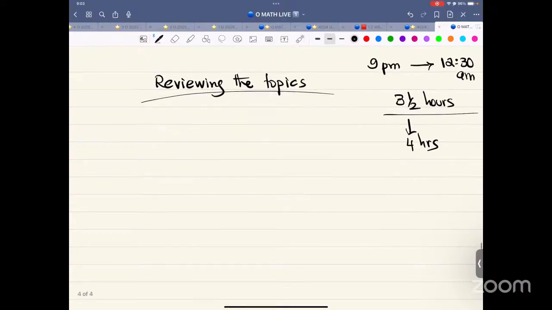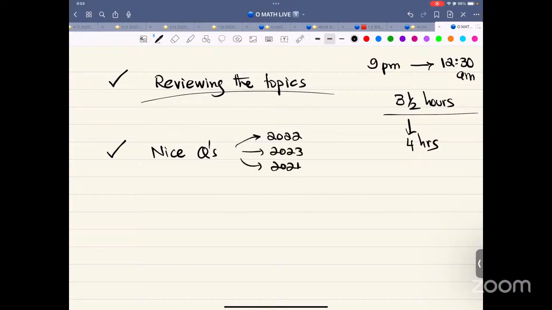Reviewing the topics is one objective. The second objective is going through nice questions from different year papers. Maybe it could be 2022, 2023, 2024, 2025, a collection of these.